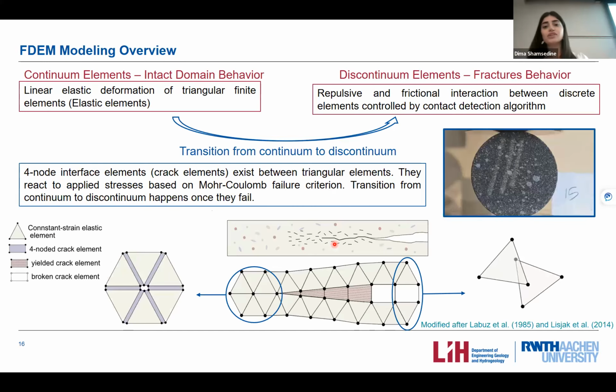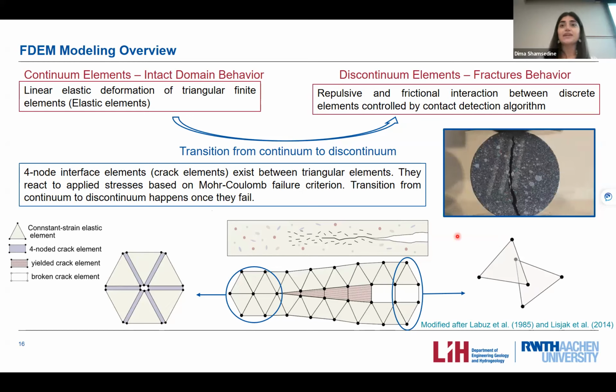So how does the transition from continuum to discontinuum happen in this approach? And what are the main principles? In real life, we can see this GIF. It represents the transition from continuum to discontinuum media. We can see that the fracture that's happening is explicit.